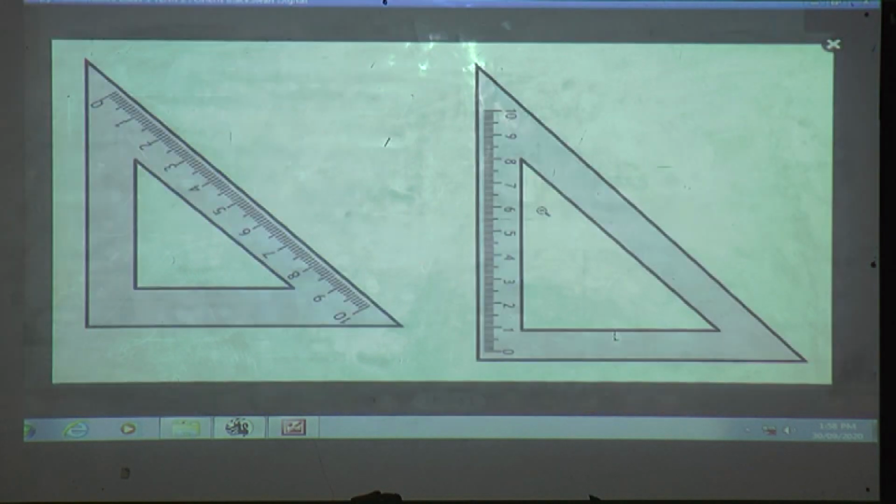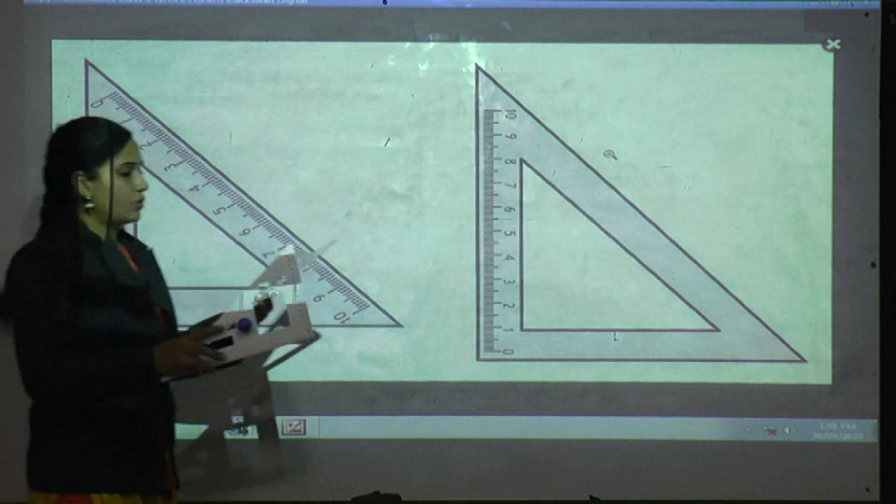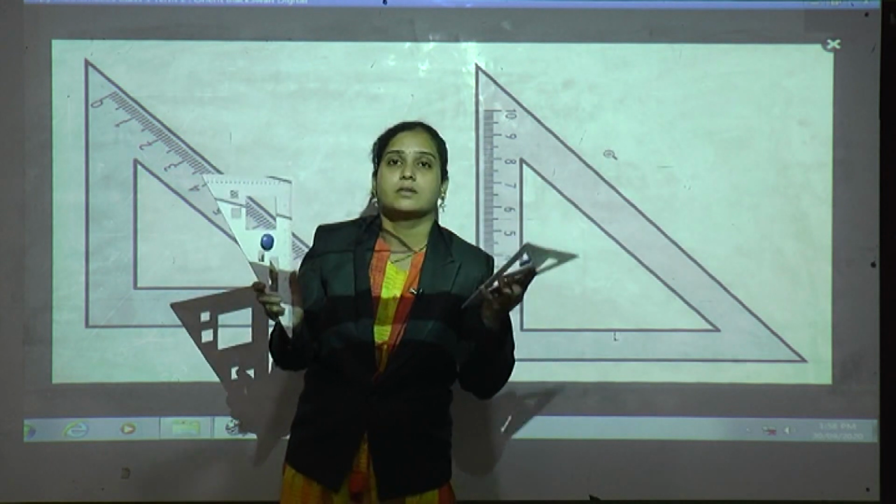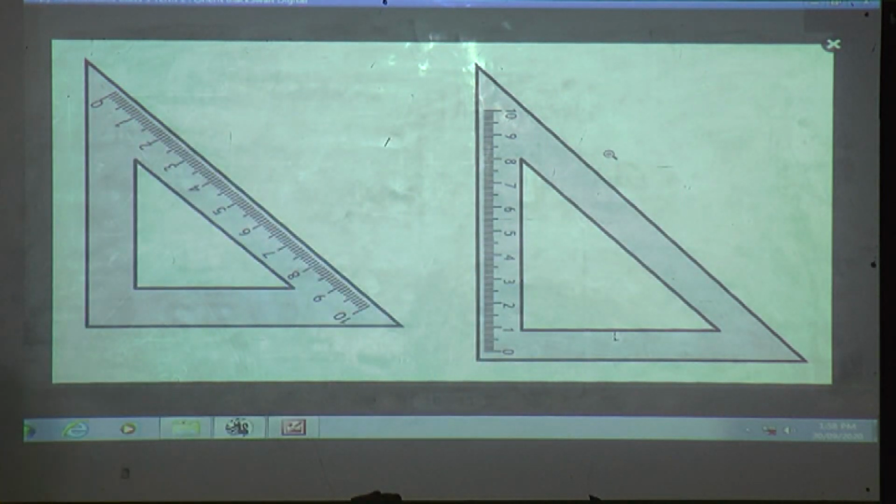These are the two triangular figures in your geometrical box other than a scale and protractor. See students, these are called set squares.